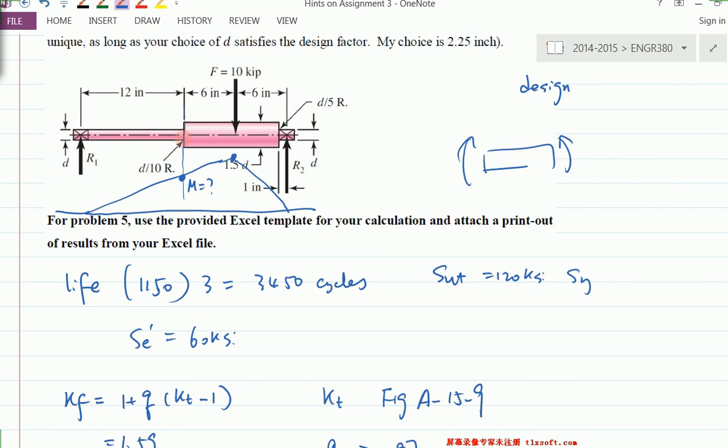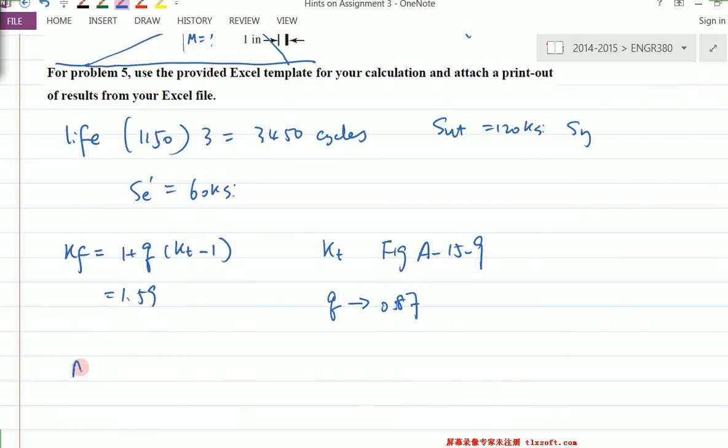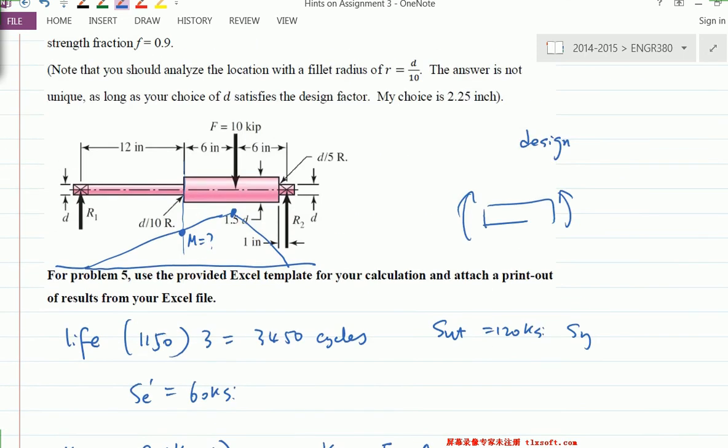So a shortcut is you don't really need to draw out the bending moment diagram across the whole shaft. You can look at this because of equilibrium. The bending moment at this location really is just R1 times 12 inch. So what is R1 then? R1 is the point force here, R2 is here, and they need to balance this force F. The quick way to calculate R1 is equilibrium.